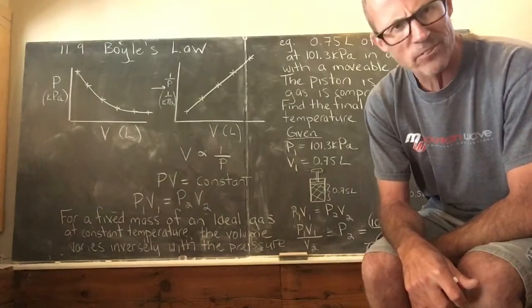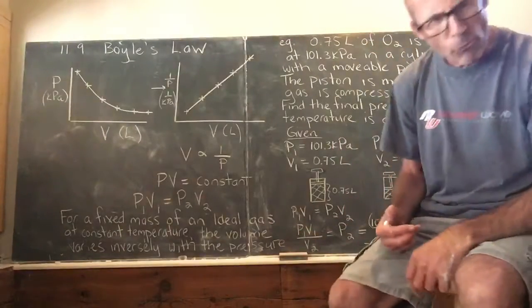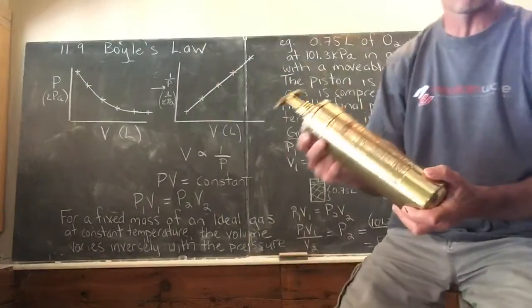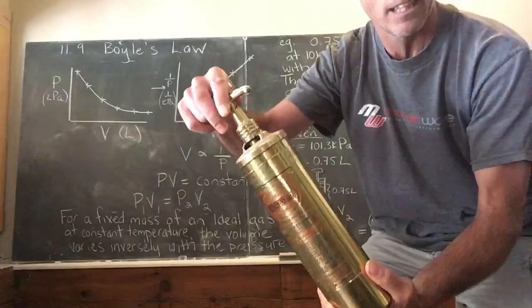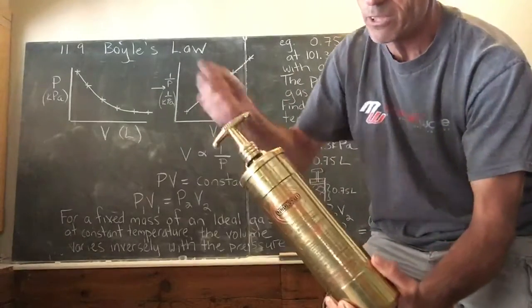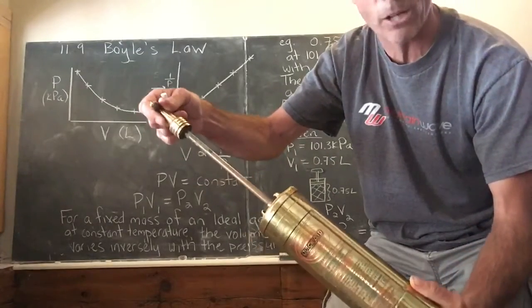And one of the best examples would be a piston or a syringe of some sort. So I just happen to have my old-fashioned fire extinguisher here that has a piston, and of course, in order to pressurize this, one would pump it up and down and allow that to become pressurized.